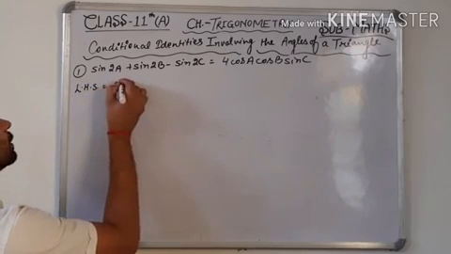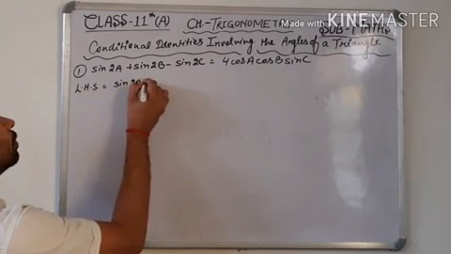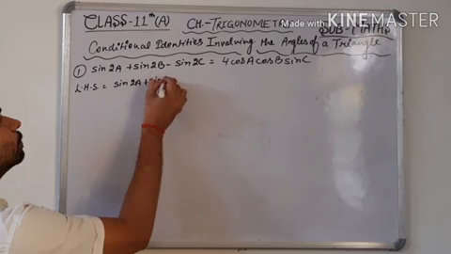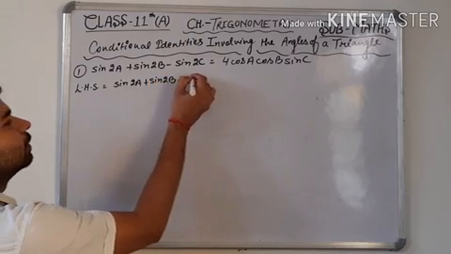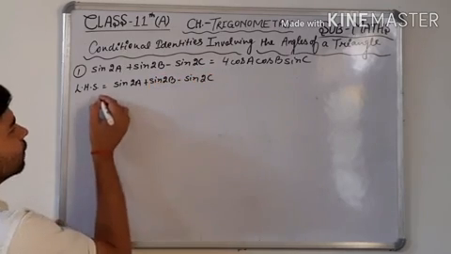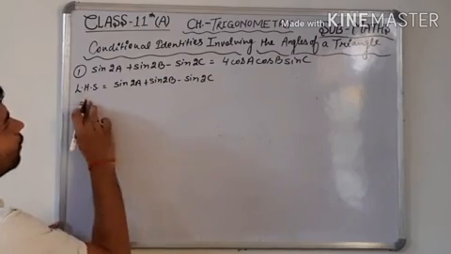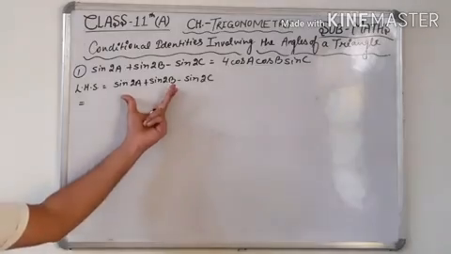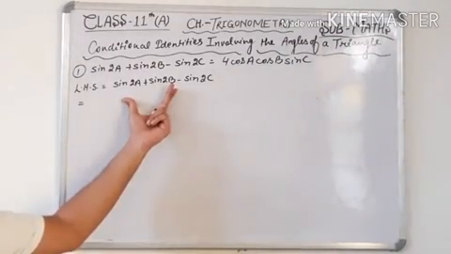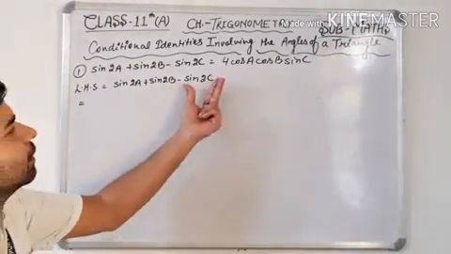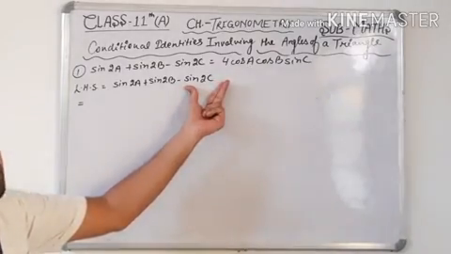LHS equals sin 2A plus sin 2B minus sin 2C. Now apply sin C plus sin D in the first two terms and sin 2x in the third term.